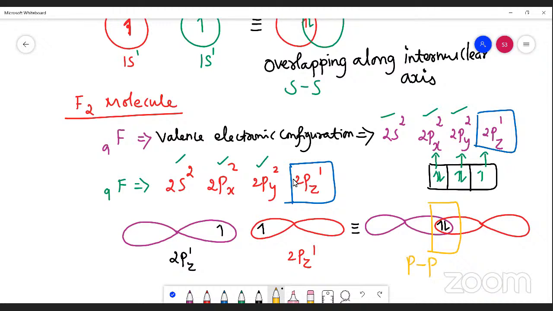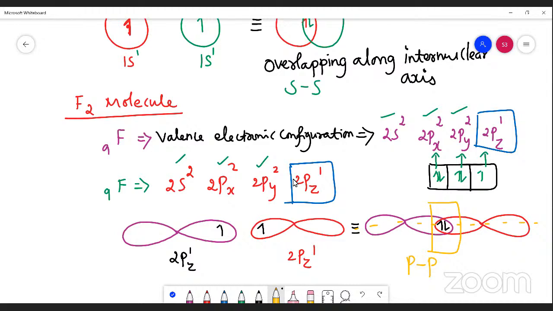This time I told you PP overlapping along the molecular axis always results in the formation of a covalent bond. So here these orbitals can overlap linearly along the molecular axis. That's why it is PP overlap. Now, in the fluorine molecule, what is the type of bond present between the two fluorine atoms?